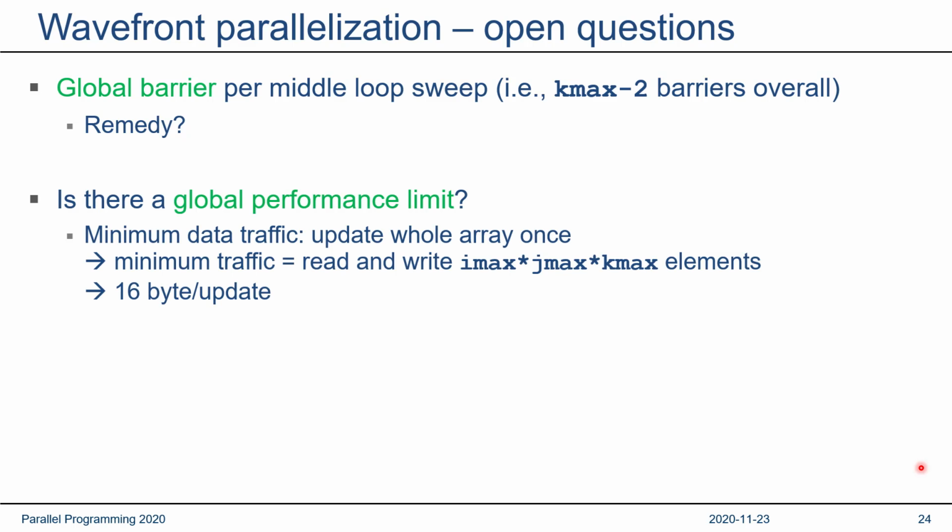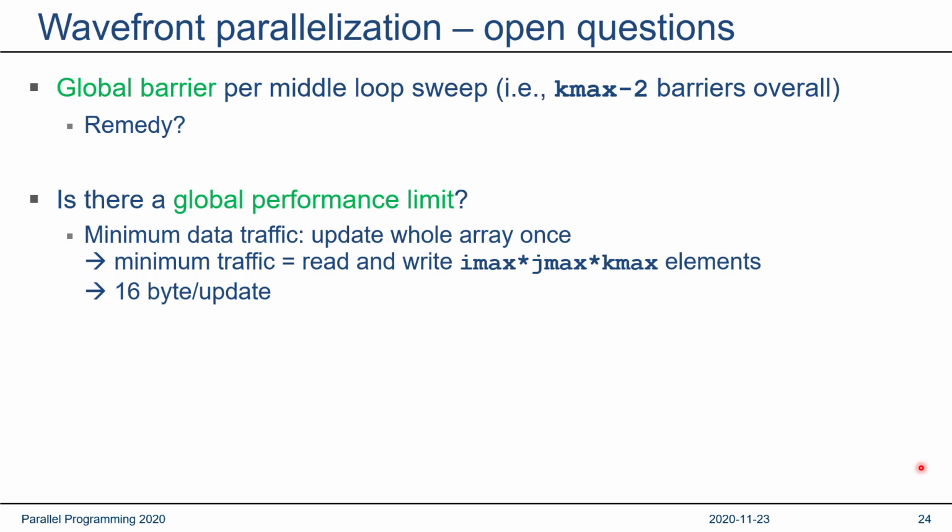Also, is there a global performance limit? The minimum data traffic that we have to account for is that we have to update the whole array exactly once. Of course, there are some problems here because there's a neighboring access, x of i minus 1, x of i plus 1, and we're not really sure whether these are cache hits or not, but the absolute minimum data traffic that has to be there is reading and writing the whole array exactly once.